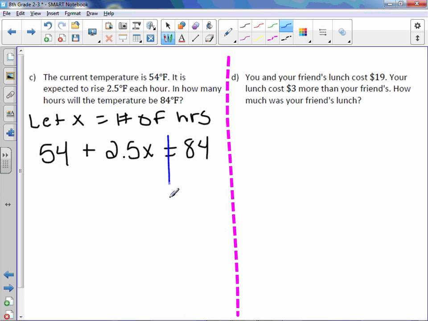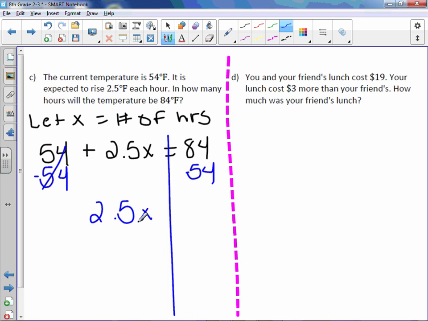From here we solve. Minus 54. 2.5x equals 30. Divide by 2.5.